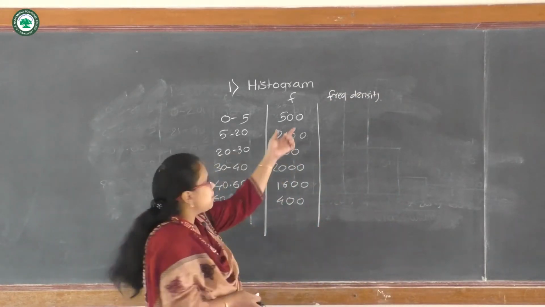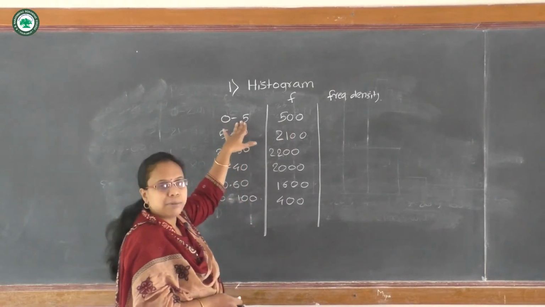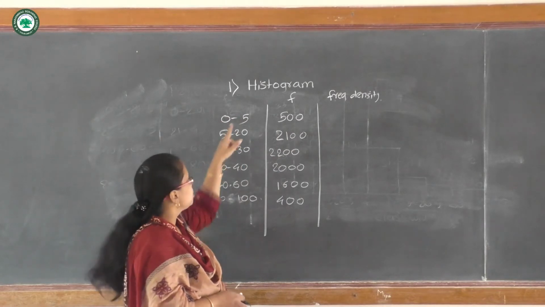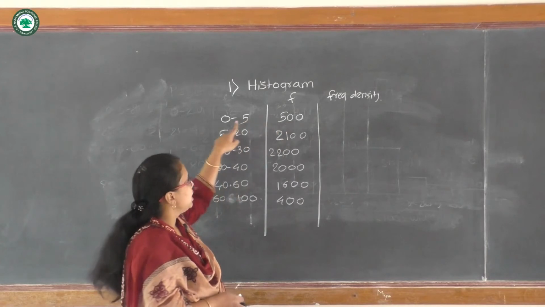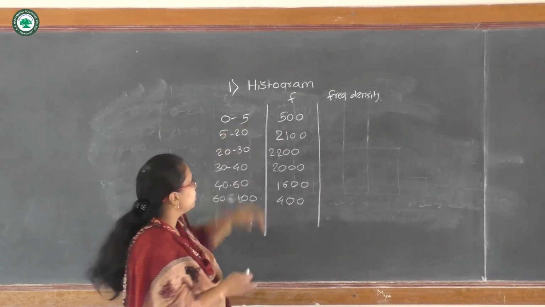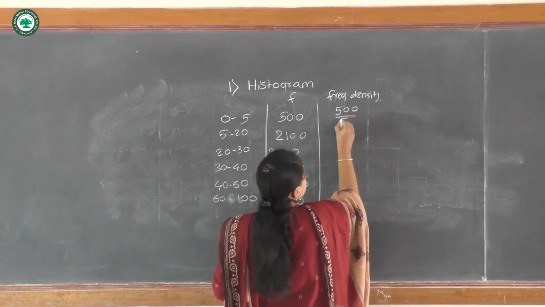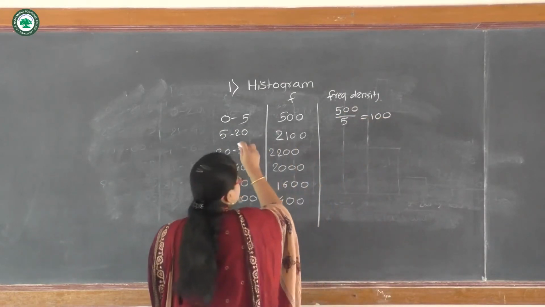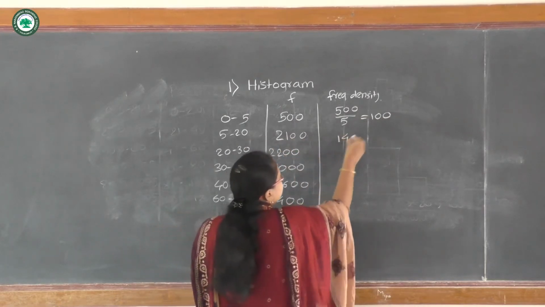Here the upper limit minus lower limit is the class width for each class. For the first class it is 5, so 500 divided by this class width 5 gives 100.